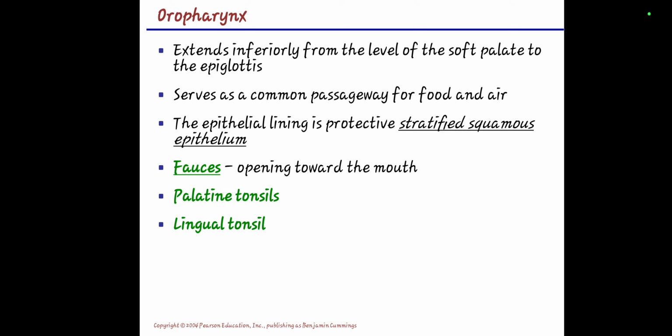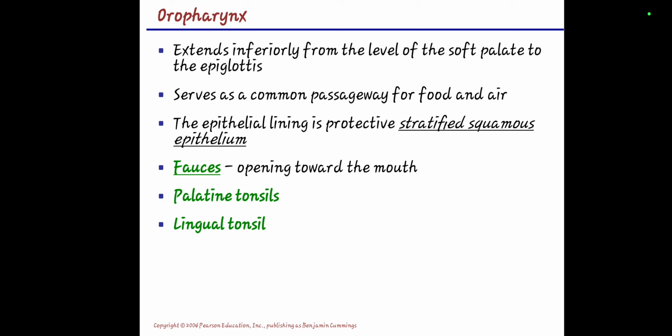So now let's proceed to the oropharynx. The oropharynx extends inferiorly from the level of the soft palate to the epiglottis. So what do you mean by soft palate? The soft palate consists of muscle fibers and connective tissue.